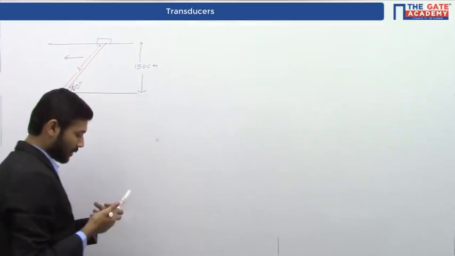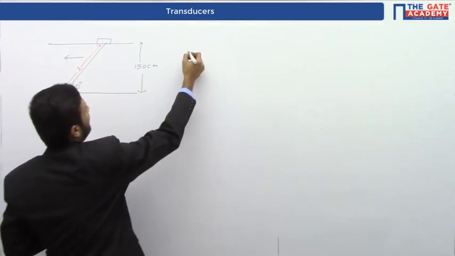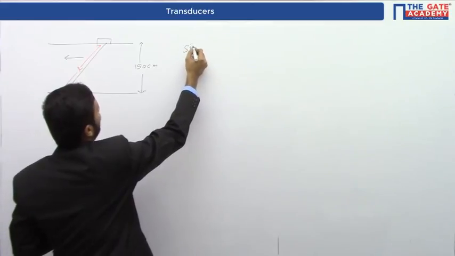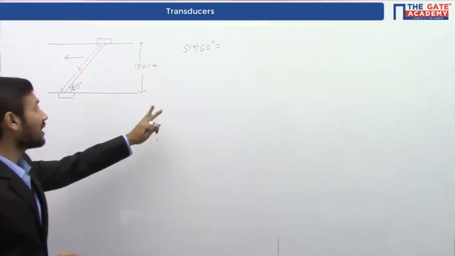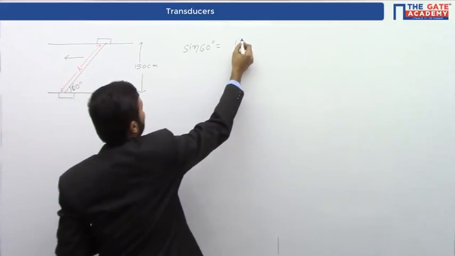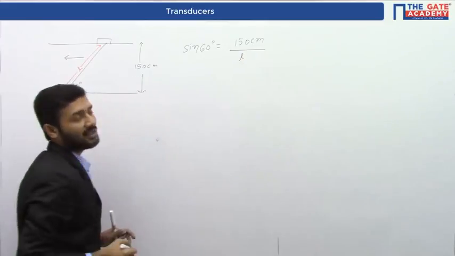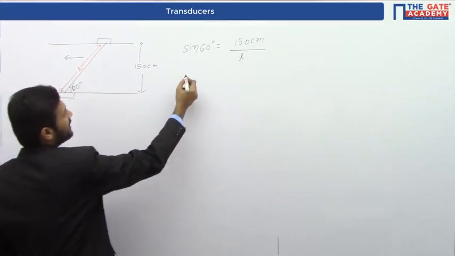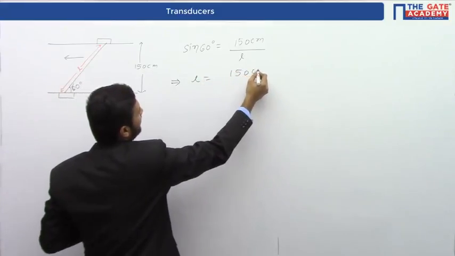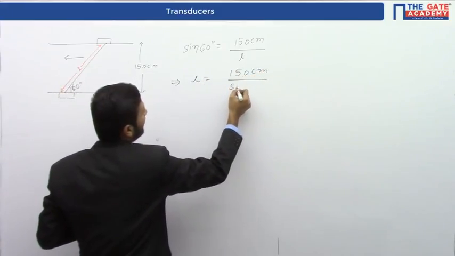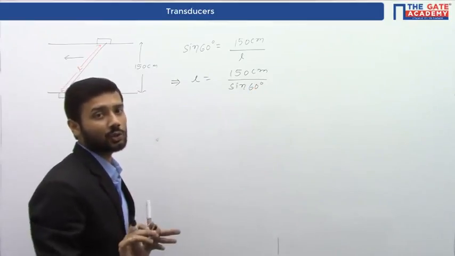So we can write the equation: sin theta, sin 60 degree equals 150 centimeter by the given distance L. Now this L equals 150 centimeter by sin 60 degree. We know that the value of sin 60 is root 3 by 2.